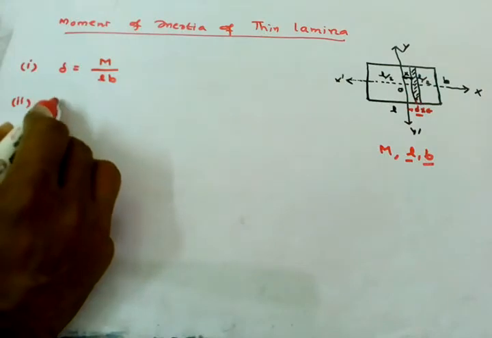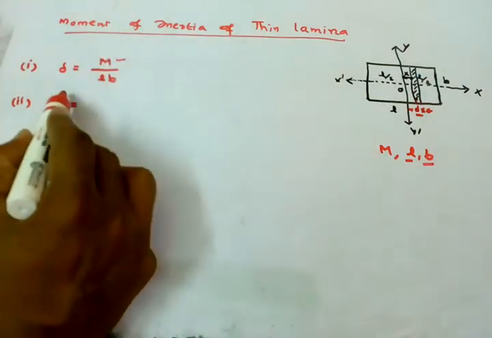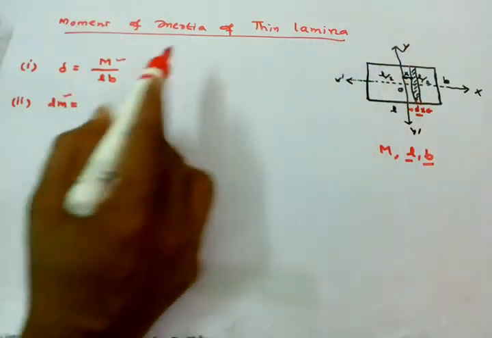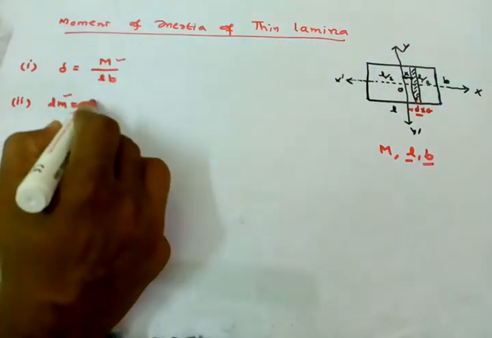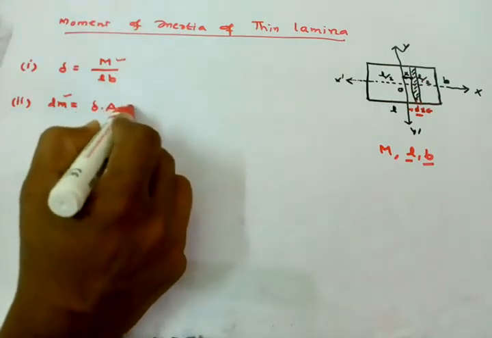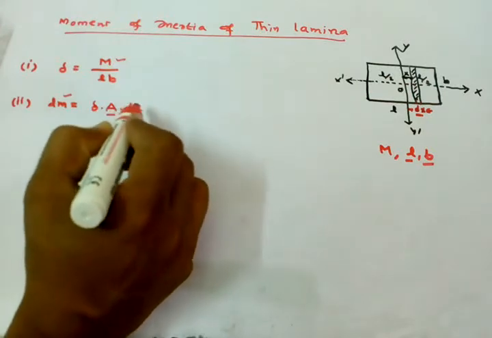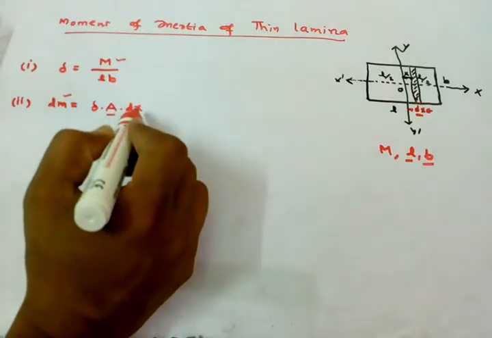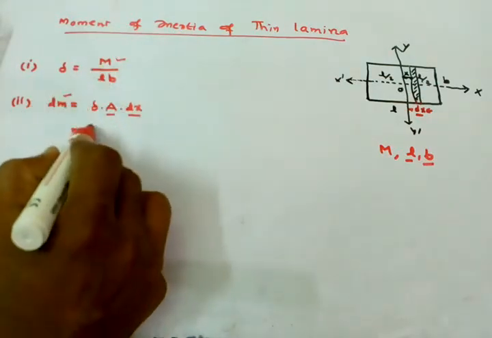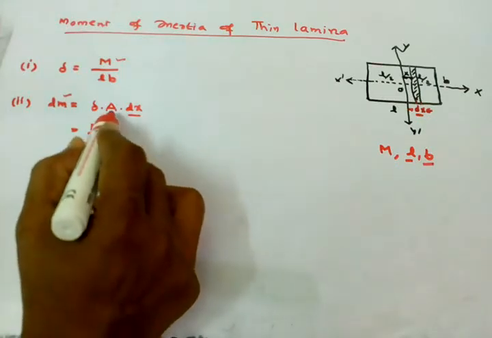So the elemental mass, that is the small part of the total mass which I have taken, is equal to density into area into dx. So density is M by L b.